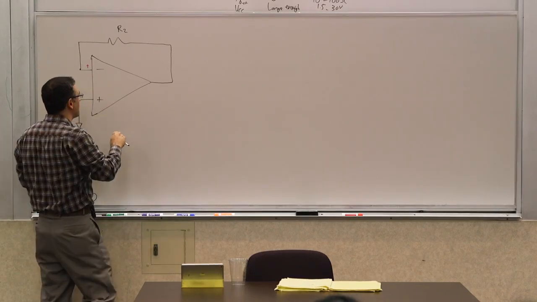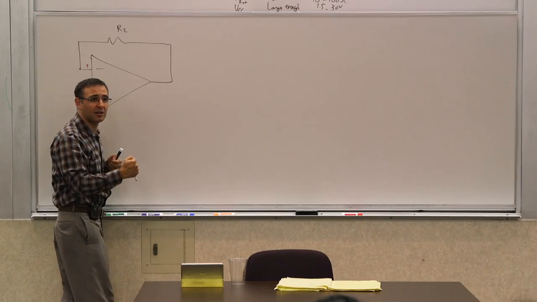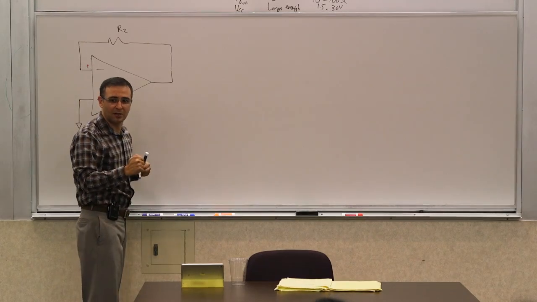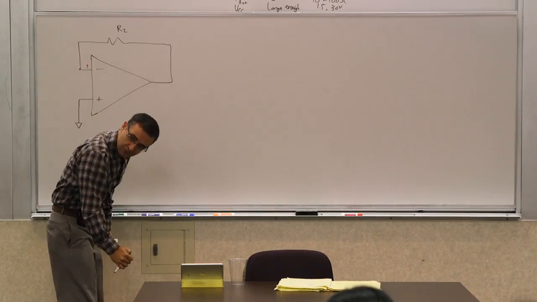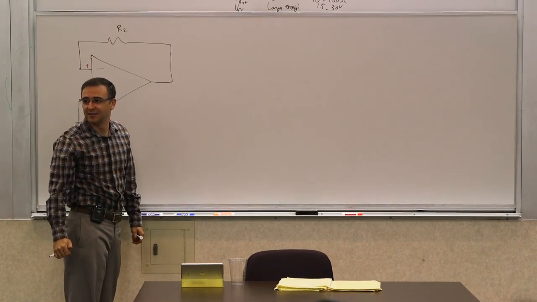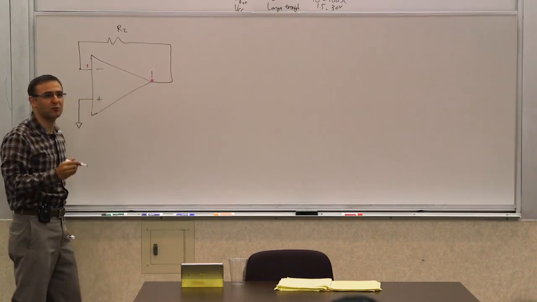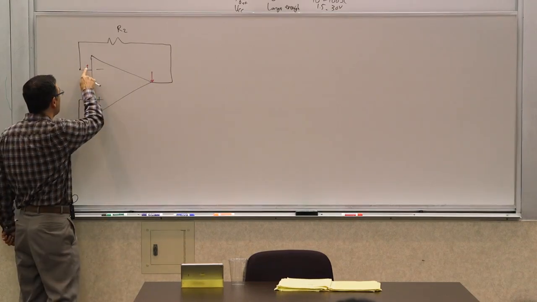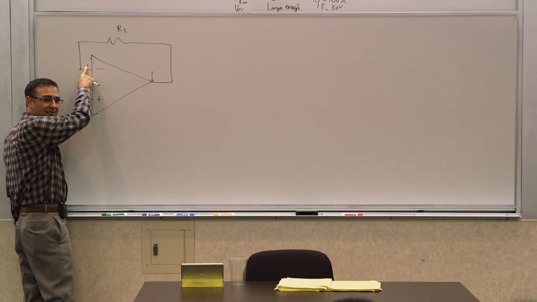So what does it do to the output? Starts yanking it down, right? So wait a second. The input is going up a little bit. Oh, so this voltage is becoming negative, so I have A_V times that, a large voltage. So this starts going down, which would counteract this behavior, right?